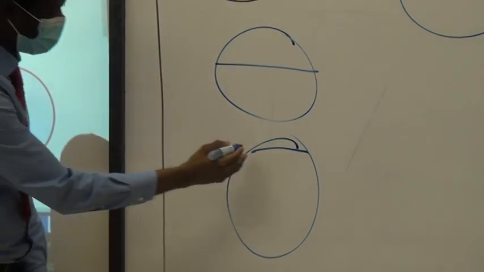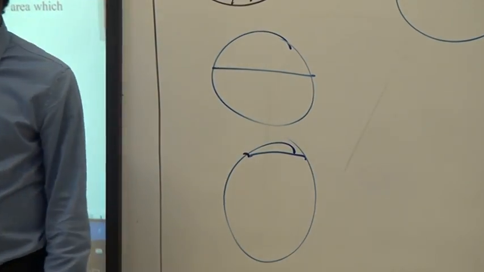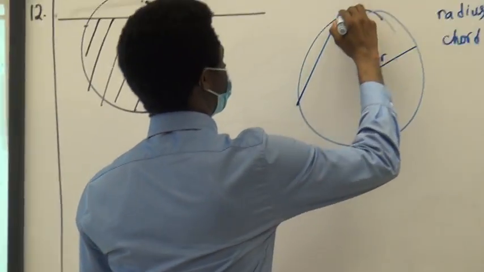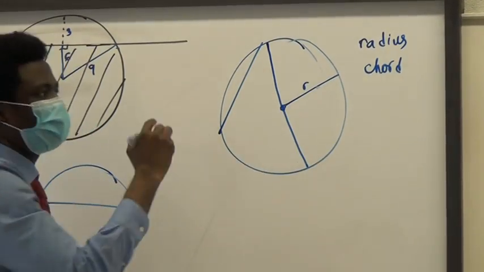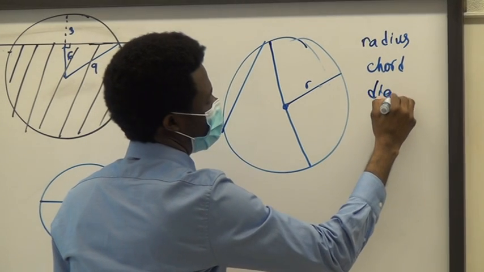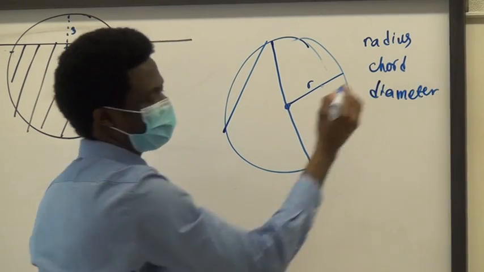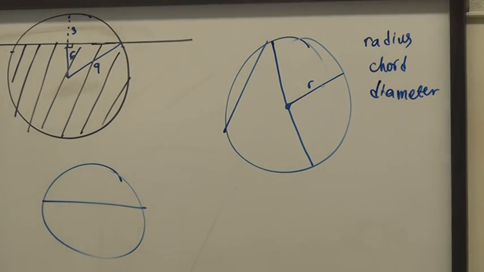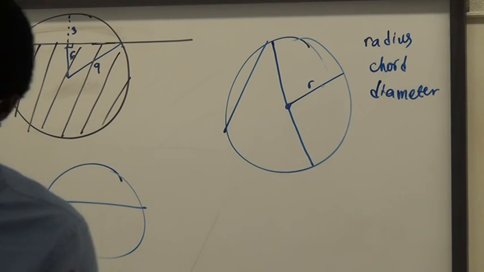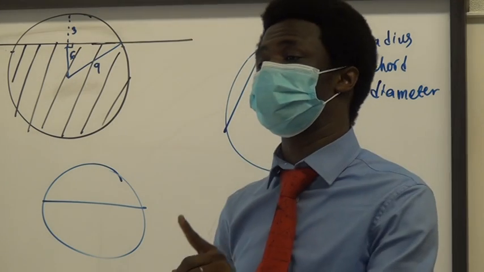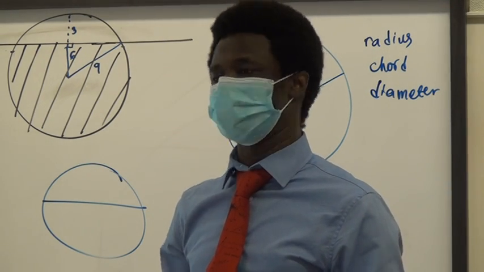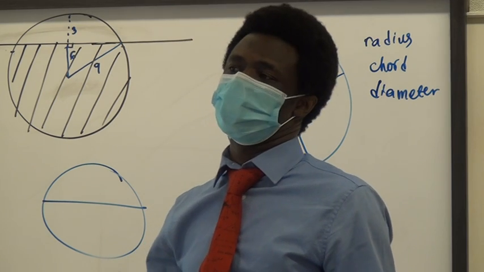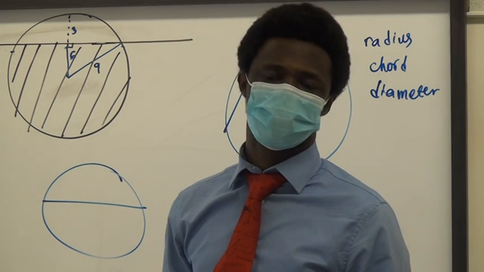Any straight line from one end to another is a chord. So this is a chord, and this is also a chord. This is a special chord called what? Diameter. So all diameters are chords, but not all chords are diameters. And the diameter is always the longest chord. And the length of that diameter is twice the radius.